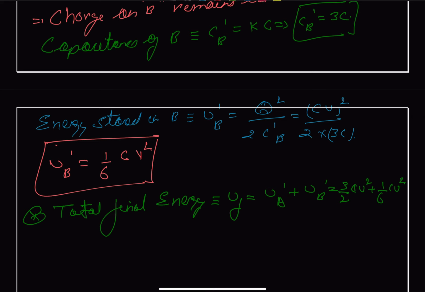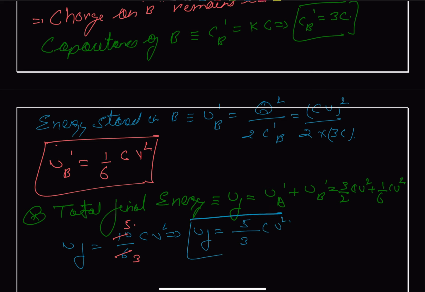So UF will be equal to CV square, we can take common, 6 will be the LCM, so this comes as 9 plus 1, that is 10 by 6 CV square. Or we can write UF will be equal to, we can cancel it, this goes by 2, so it comes as 5 divided by 3 CV square.